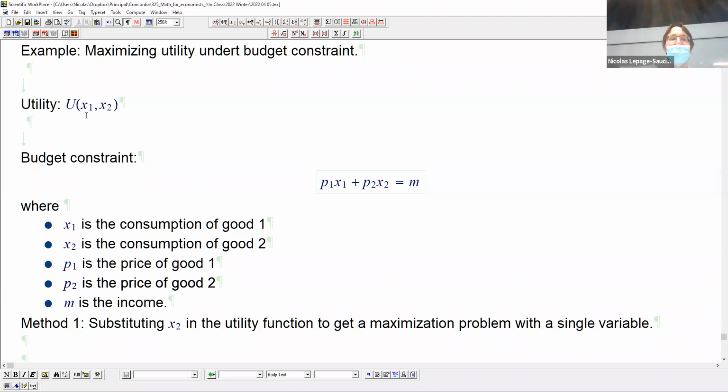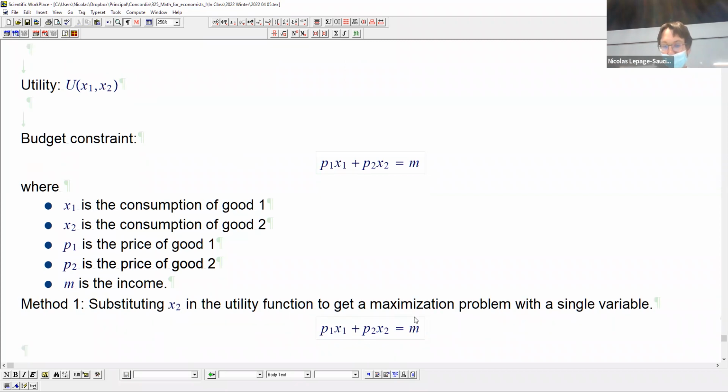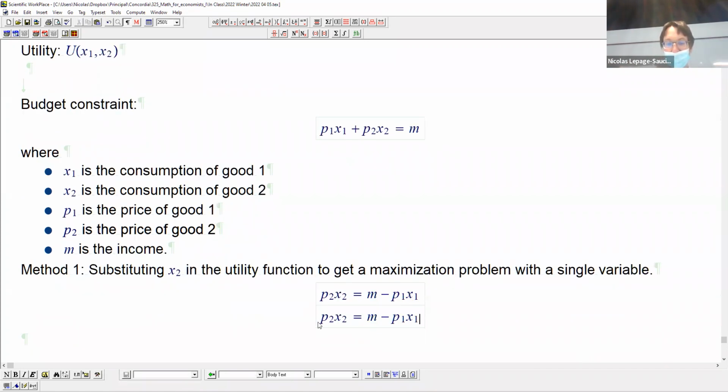Then I can just maximize it, and we already know how to do that. Let's do all the steps to make sure we understand what we're doing. So this would be N minus P1 x1, divided by P2.